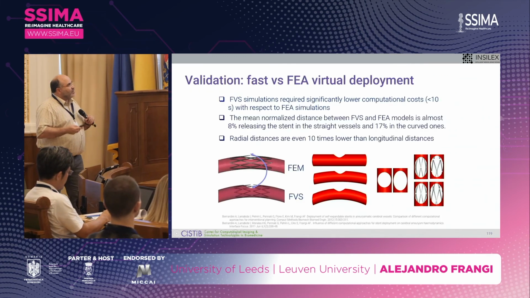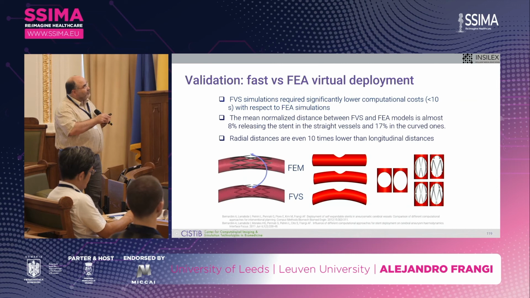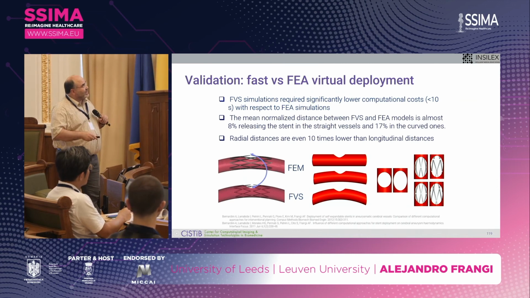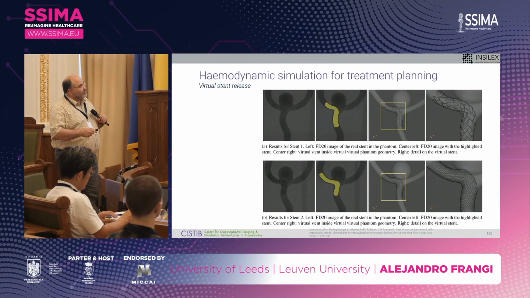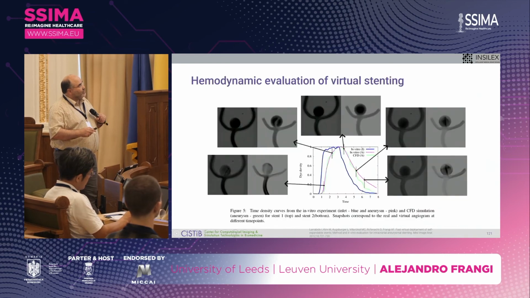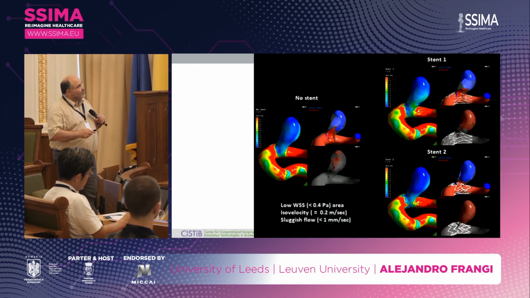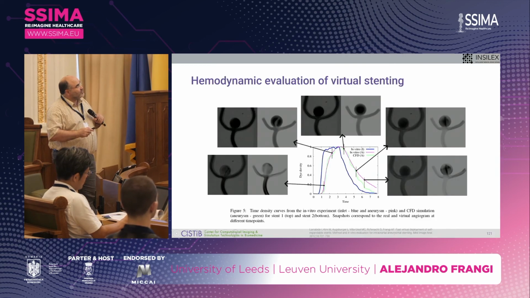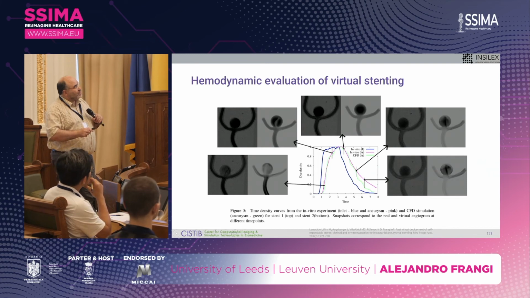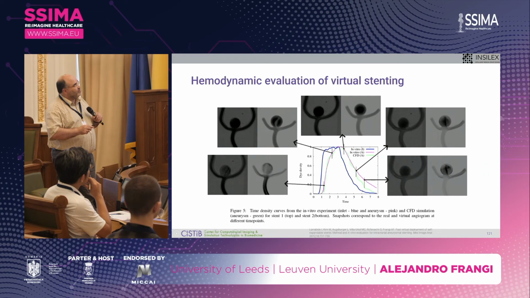So we did comparisons of what we call fast virtual stenting with finite element models. We compare also results based on time dilution curves, where we show the washout curves in pink and in green corresponds to the same point within the aneurysm, and they are pretty much spot on.